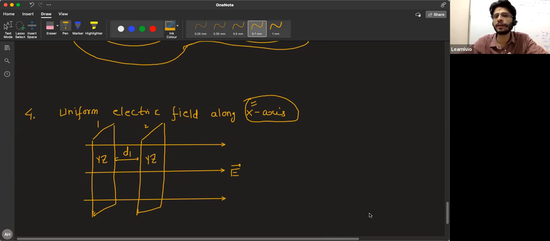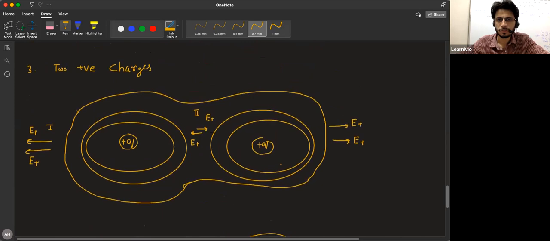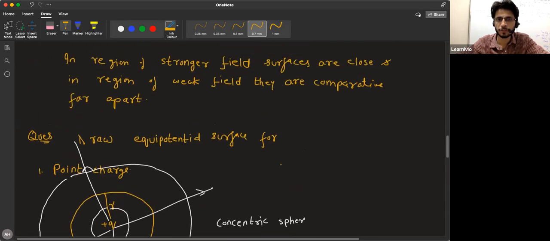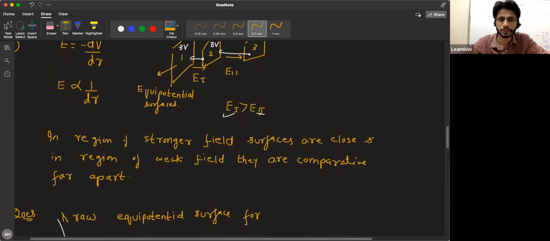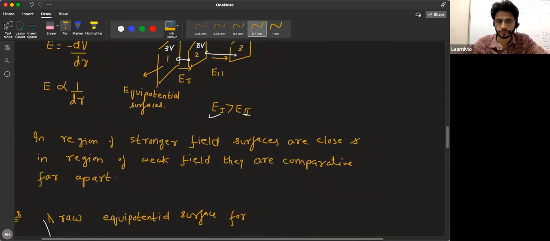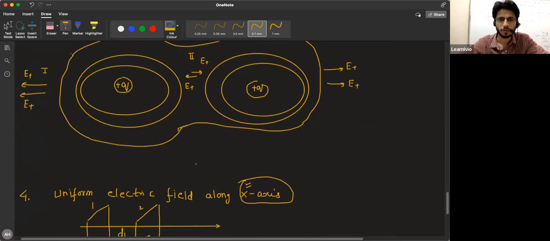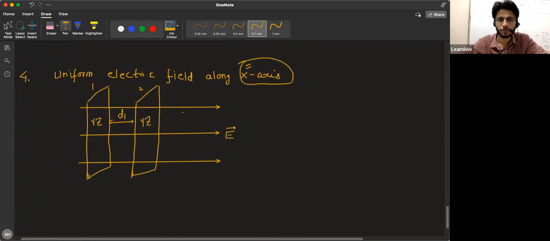See, how do we relate field and the separation between equipotential surfaces? When the field is strong, surfaces are close. When the field is weak, surfaces are far apart. Now can you tell me what should be the separation between the second and third surface as compared to 1 and 2?